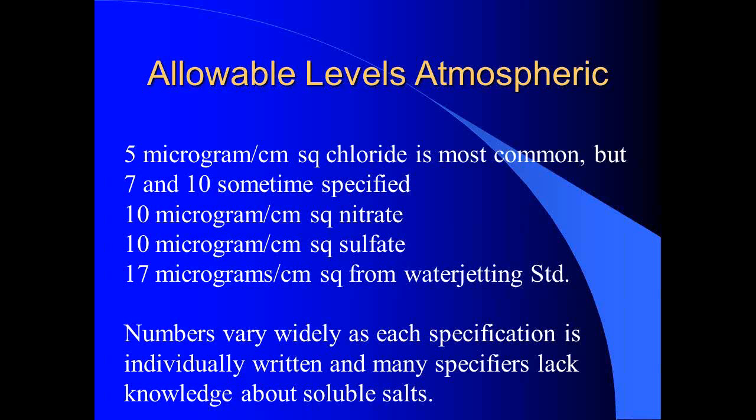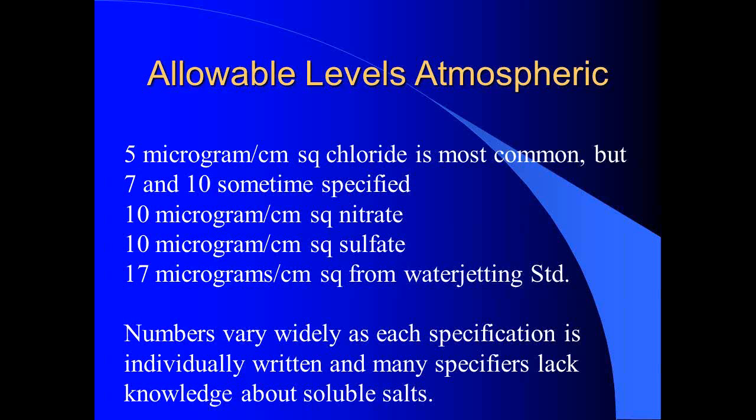Anyway, if you see the number 17 micrograms per square centimeter on an atmospheric surface coating, it probably came from the water jetting spec. One other thing about the water jetting spec, in the foreword, it tells you nothing in that standard should be used for anything. It's not applicable to anything other than water jetting.